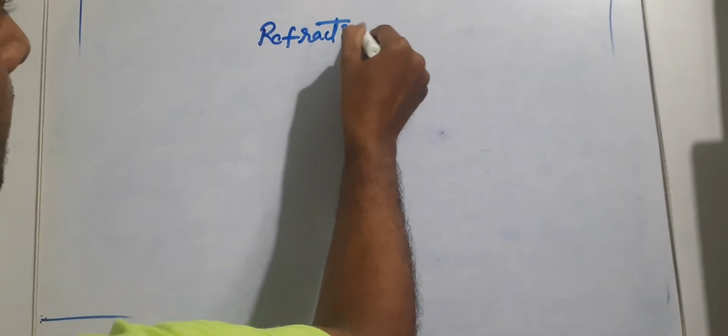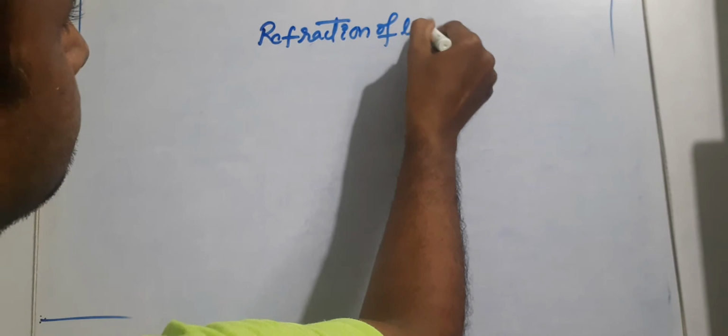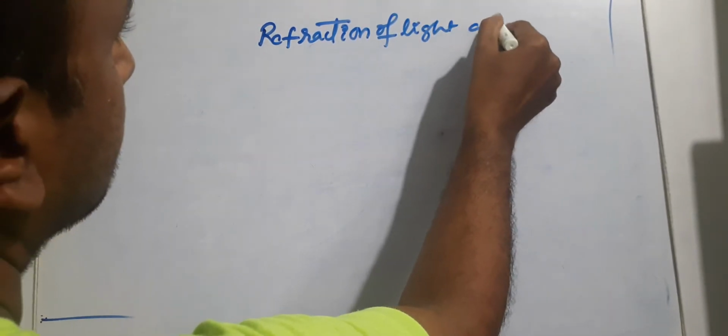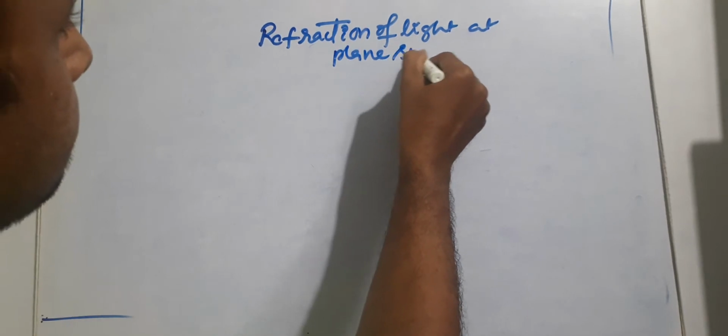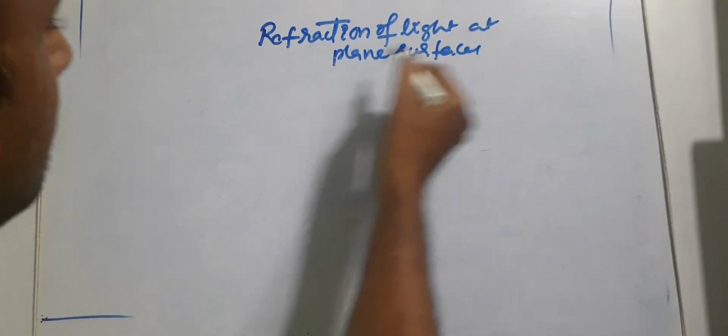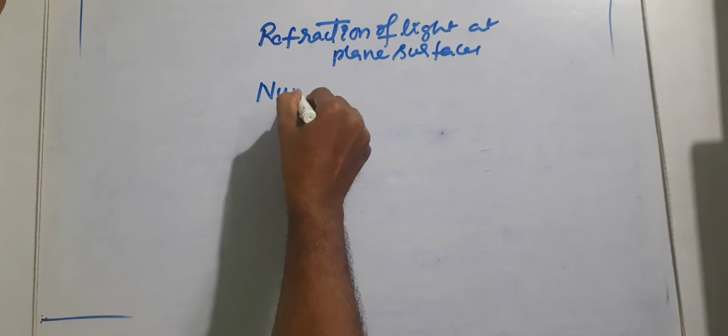So in this class we are going to explain the solution of some problems in refraction of light at plane surfaces. Refraction of light at plane surfaces, some numerical problems.